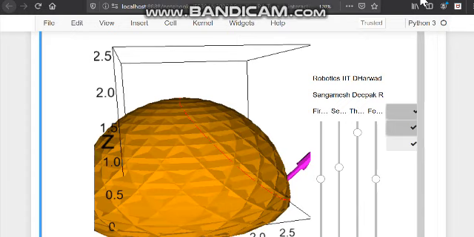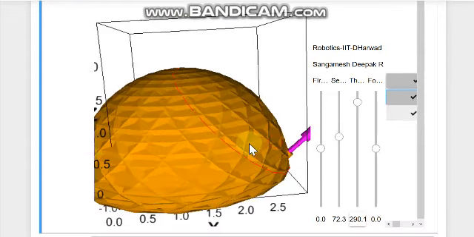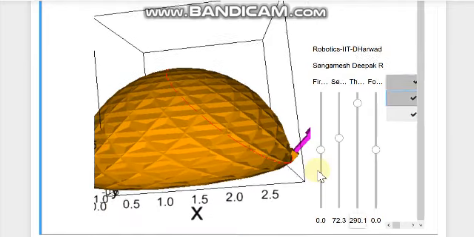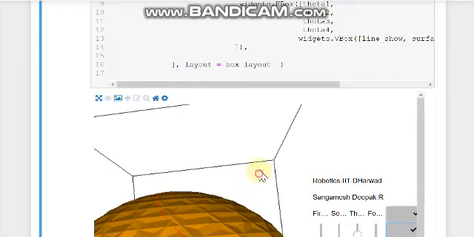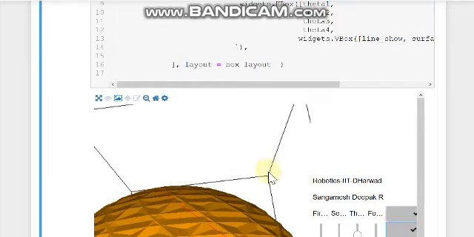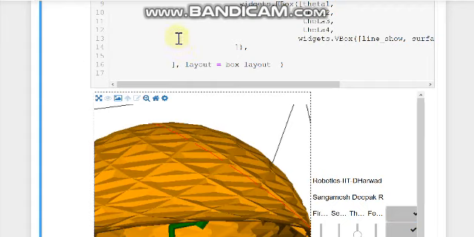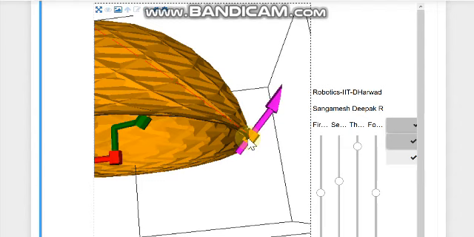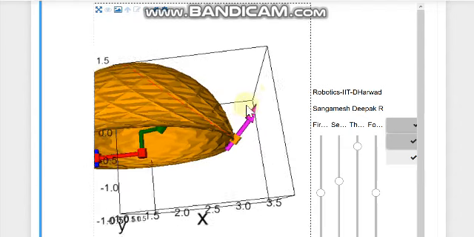And another thing to note is that on this surface, no matter what value we give to theta 3 and theta 2, this O4, which is currently located here, would lie on this surface itself.